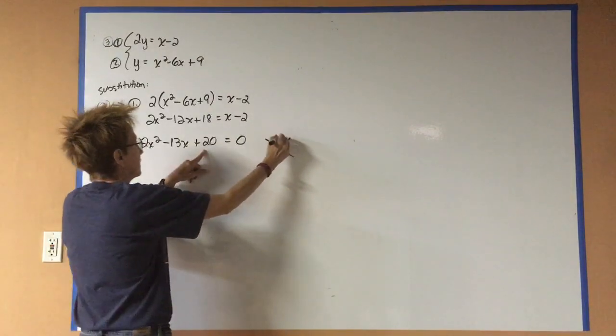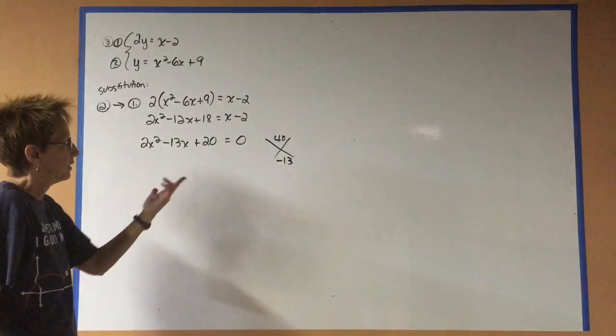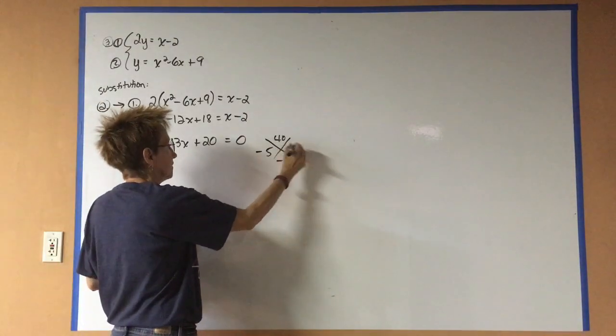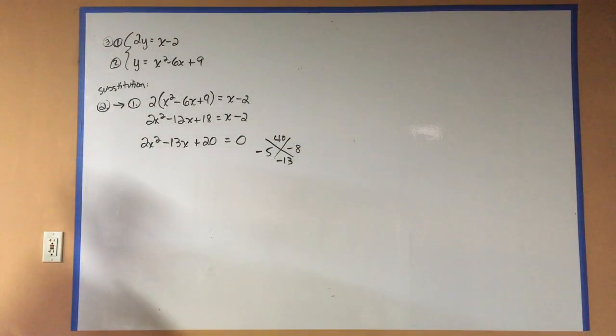Multiply to 40, add to a negative 13. So a multiply to a positive, add to a negative, they both need to be negative. And I think negative 5 and negative 8, negative 5 times negative 8 is positive 40. They add to negative 13, so that works.